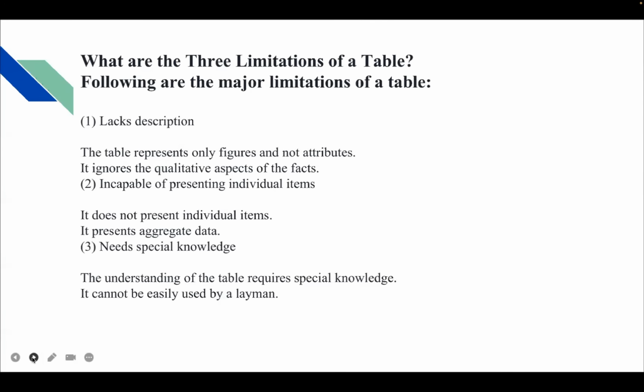So the table represents only figures and not attributes. It ignores the qualitative aspect of the facts. Obviously, this is not always the case, but sometimes that is the case. So what else? It's incapable of presenting individual items.